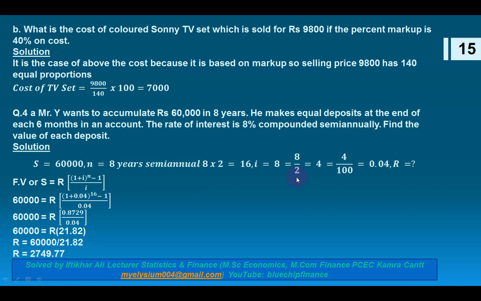So 8 divided by 2 will produce 4, and we take the fraction of that, 4 equals 0.04. What we want to calculate is the value of each deposit. R is missing here. R represents the installment which we deposit. So after putting the values in the formula, R is 2749.77.